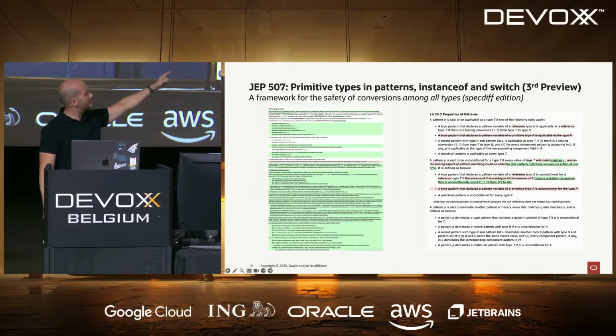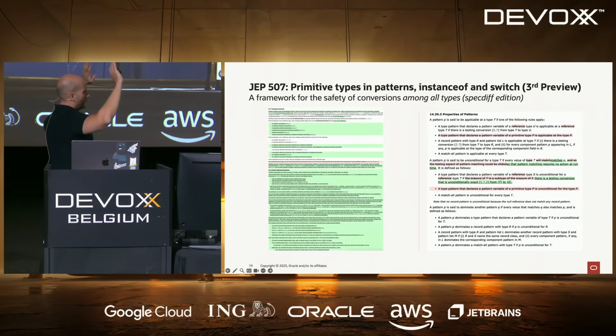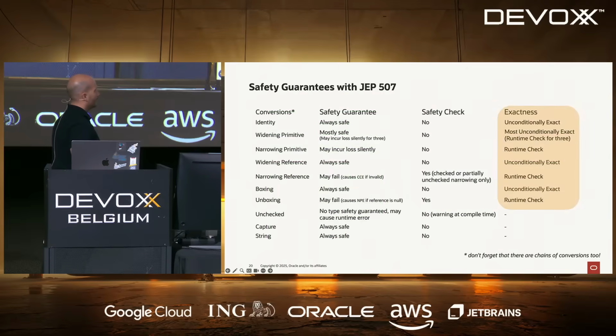If you see the second paragraph, the first bullet of the second paragraph, it was only about subtyping, but now we delegate to this unconditionally exact conversion. And dominance is unaffected yet. So this is now a summary.